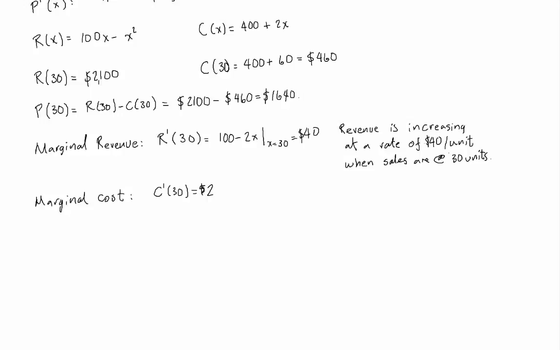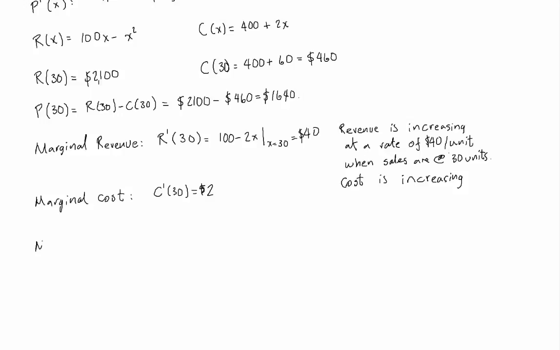So your marginal profit will be 40 minus 2, which is $38. By the way, if you got a negative sign, that would be telling you that the cost in that case would be decreasing. You don't expect cost to be decreasing, but the revenue may start decreasing at some point.